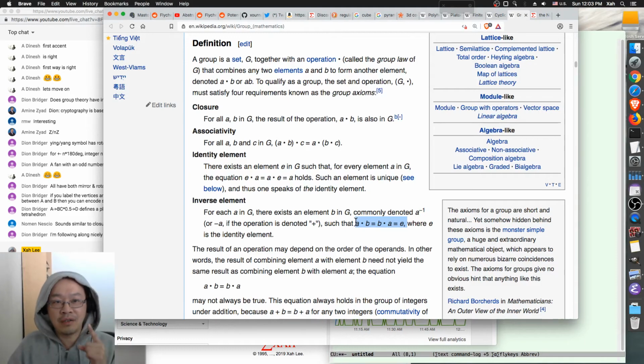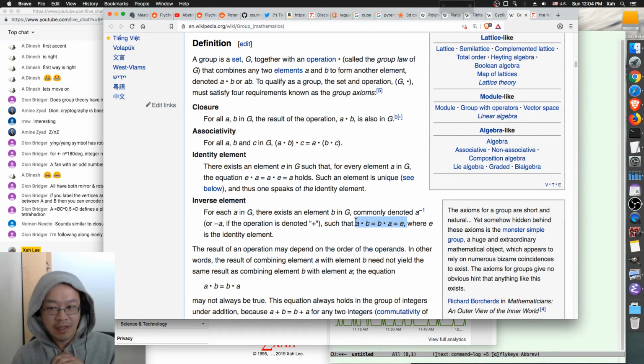This is interesting, but let me explain with numbers. You'll get it right away. For example, let's say addition. Let's say numbers, not group theory, but numbers. 5 plus negative 5 equals 0.